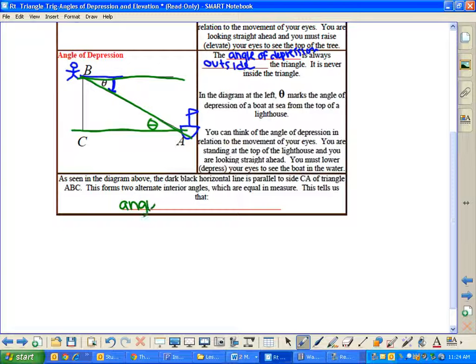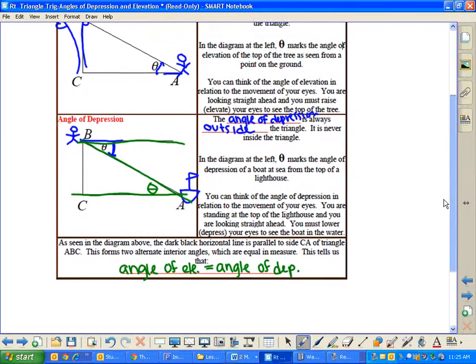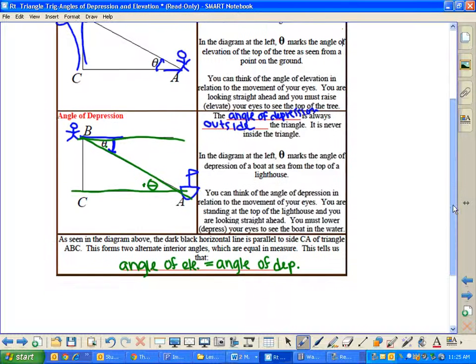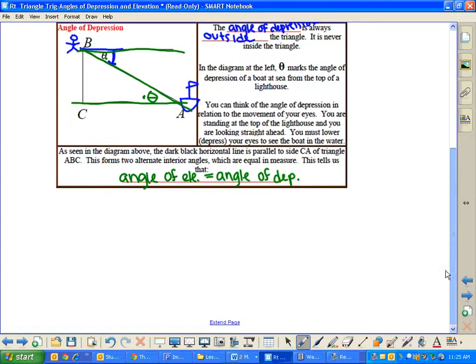Isn't that neat? I abbreviated, but I would maybe write it out if I were you. So does that make sense to you that this angle of depression is the same as this angle in the triangle? That's why we're saying they're equal, okay? They're just described differently, different pictures maybe.